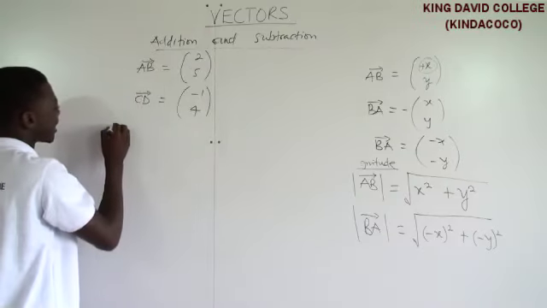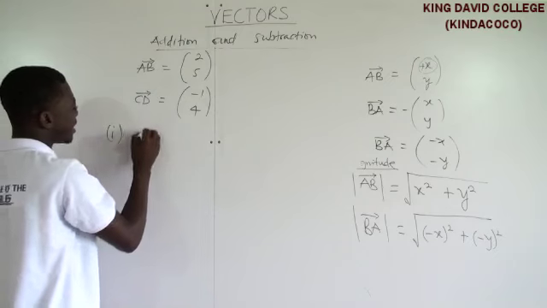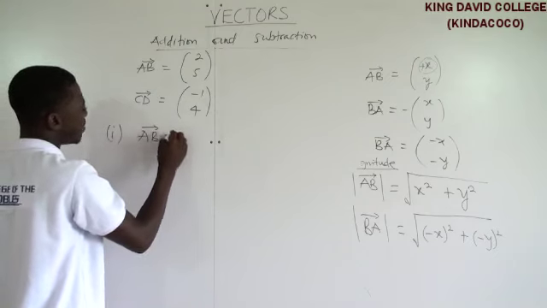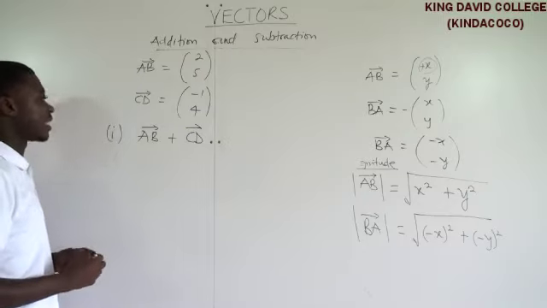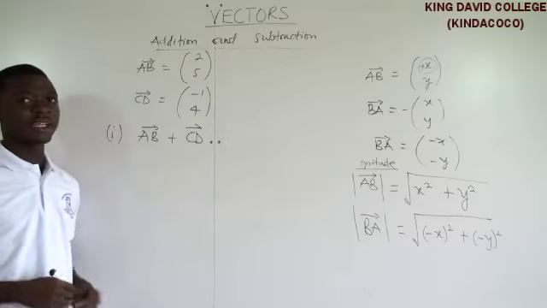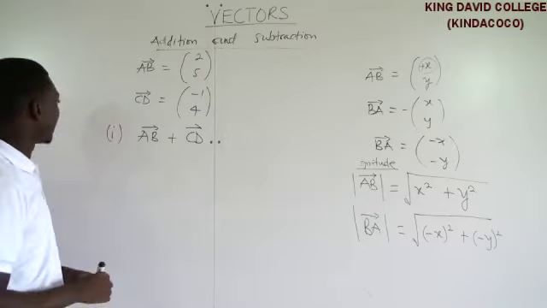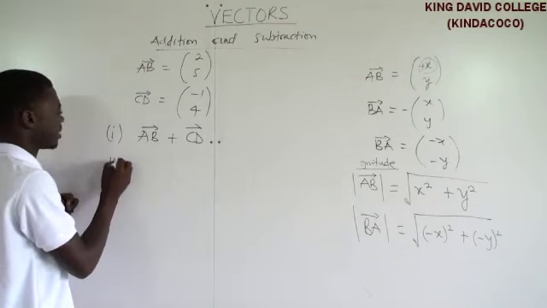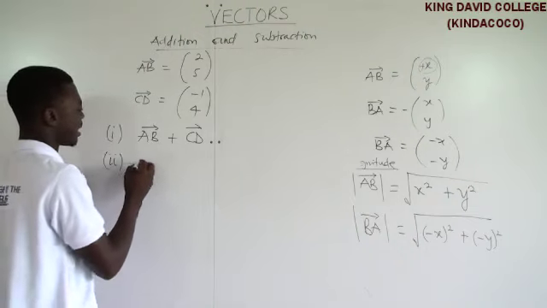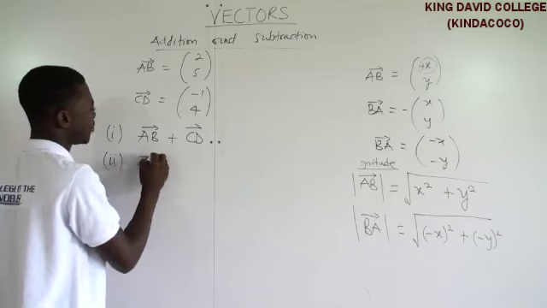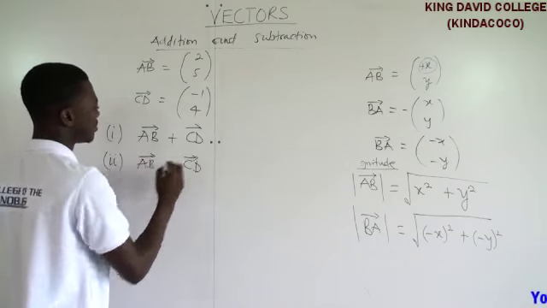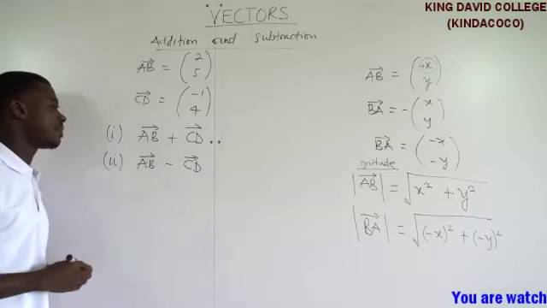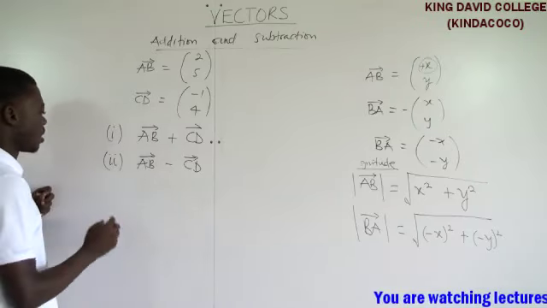The question is asking us to find vector AB plus vector CD, so we are summing them. And then also we determine vector AB minus vector CD.